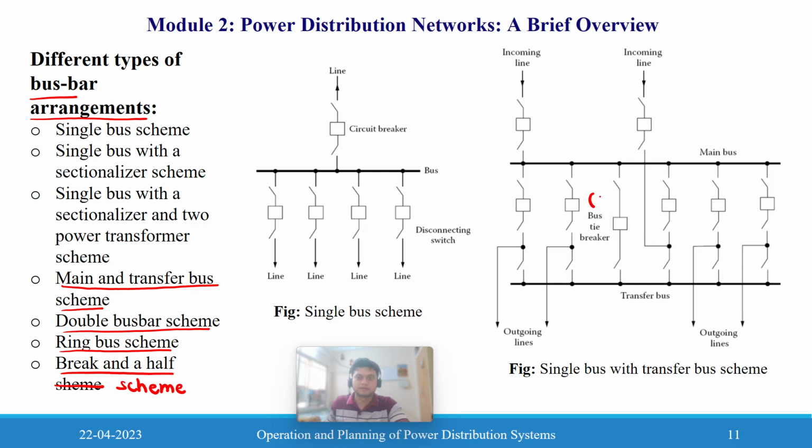Whenever we require maintenance of a circuit breaker, we close this tie breaker and transfer the power through the transfer bus to the customers while repairing the circuit breakers. So at the time of maintenance, the transfer bus gets energized while the main bus will be out of service.